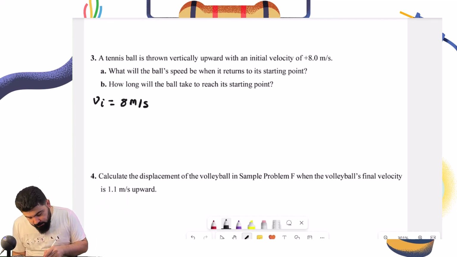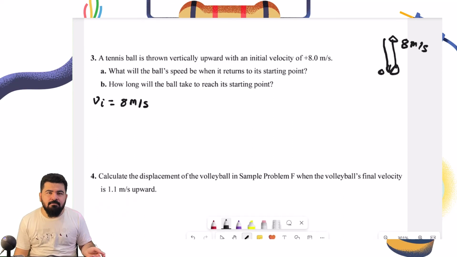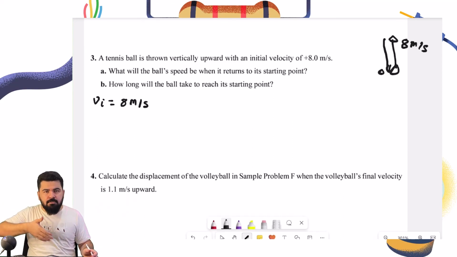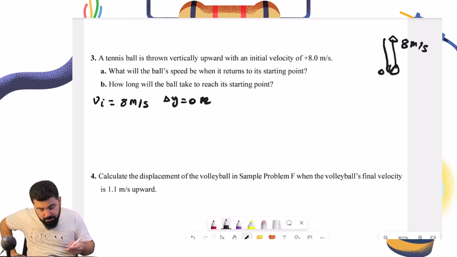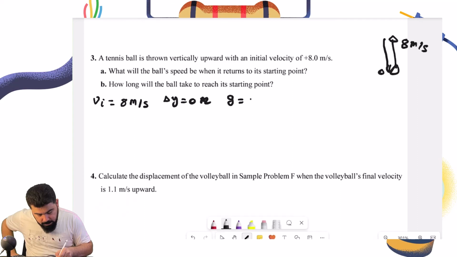Okay, let's say this is the ball. It is going with 8 meters per second, and then it hits the ground again. What's delta y? The ball is hitting the ground, so delta y is equal to 0 meters. And then we know gravity is equal to 9.81 meters per second squared.